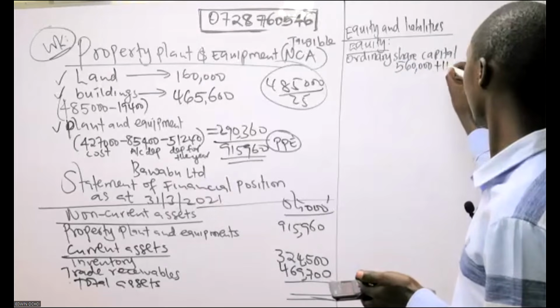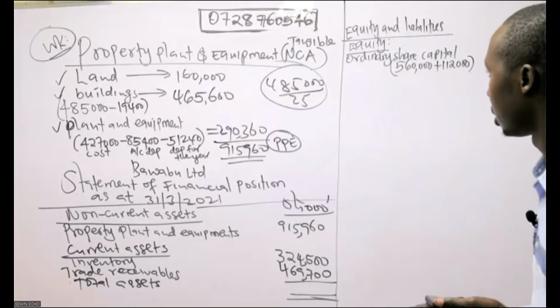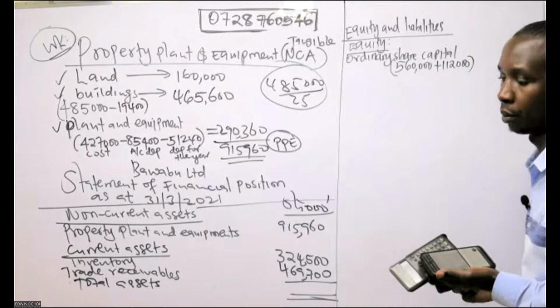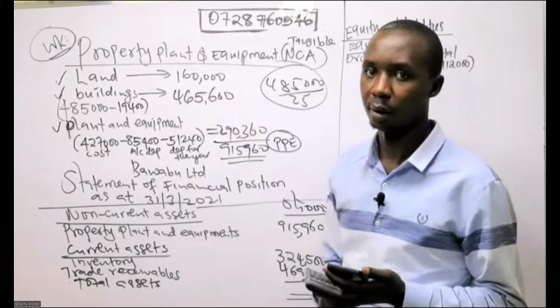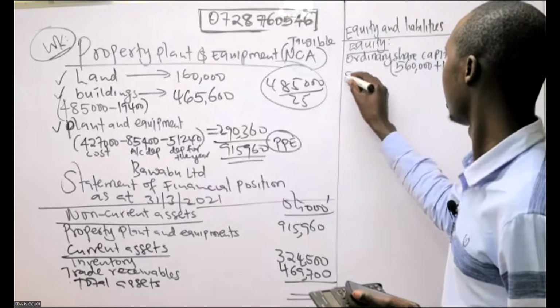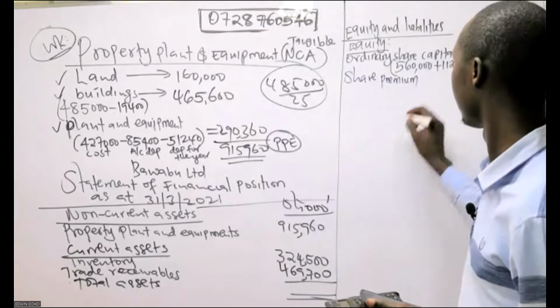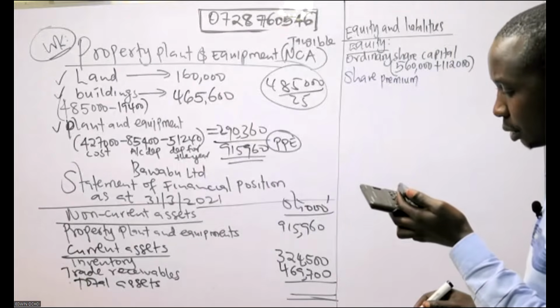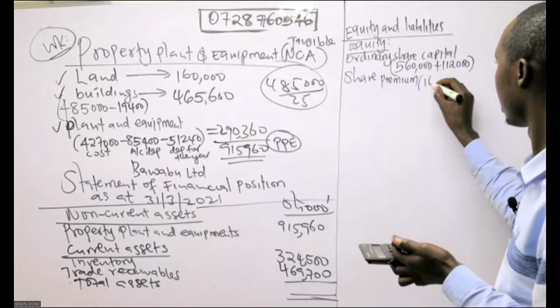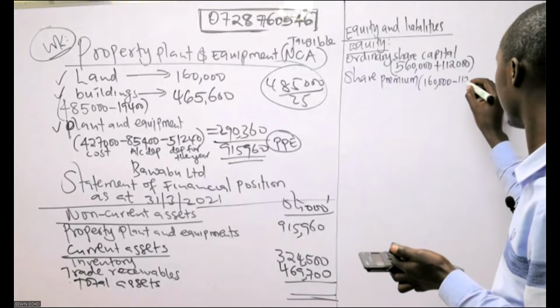So we need to add 112,000. But this one was the bonus, the shares which are issued through bonus. And they were financed through what? A share premium. So our share premium must be reduced with the same amount. So the share premium is stated at 160,000 minus 112,000.